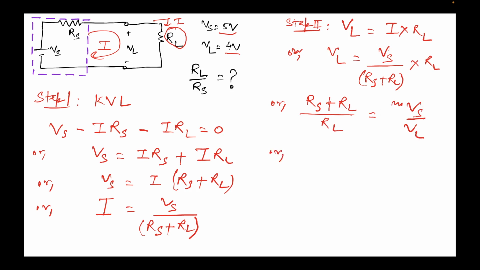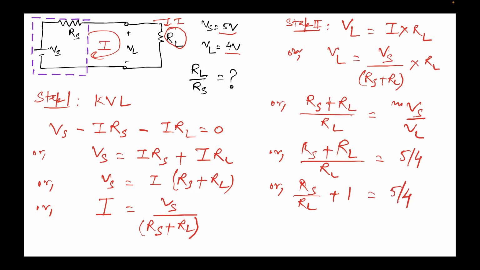Since we already know the value of Vs and VL, we can plug in those values, and I can write Rs plus RL over RL equal to 5 by 4. Simplifying further, I'll simply divide the LHS by RL. So I'll write Rs over RL plus 1 equal to 5 by 4.